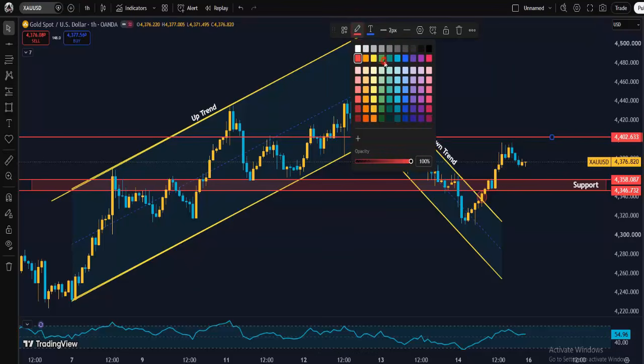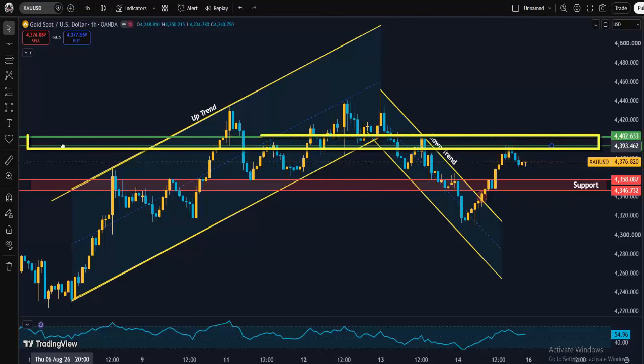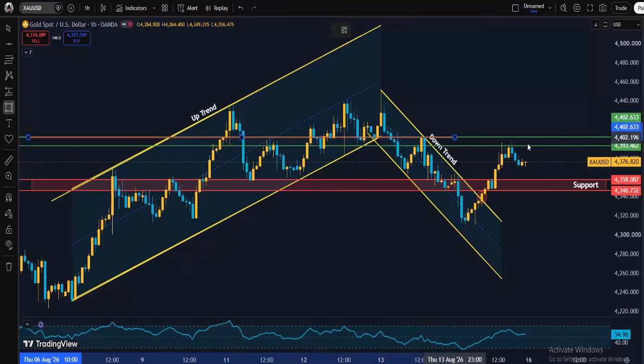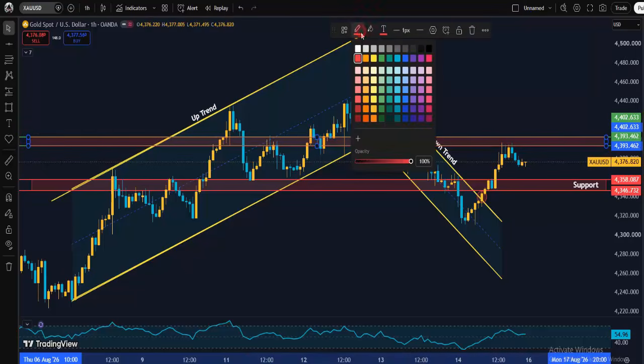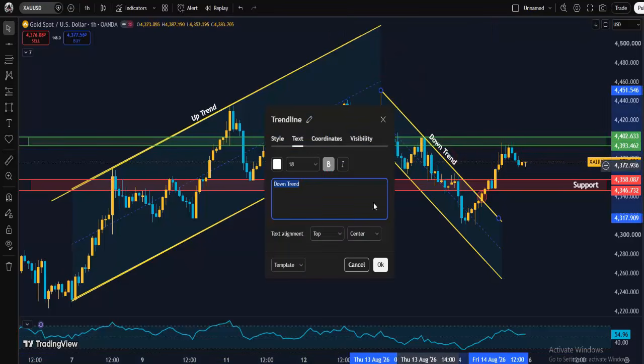levels. Now, moving to the resistance zone, the immediate resistance is positioned around 4,393 to 4,402. Gold is currently trading just below this area, making it the key level to watch. A strong H1 candle close above 4,402 would be an important bullish signal.